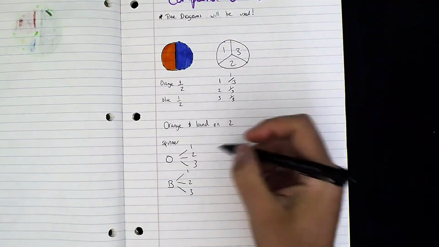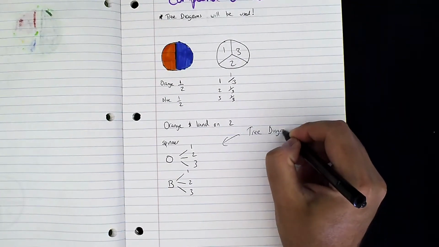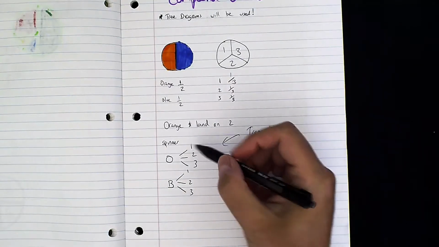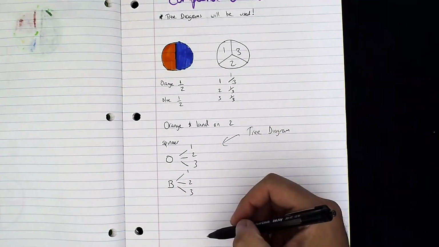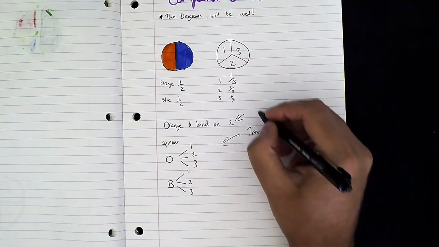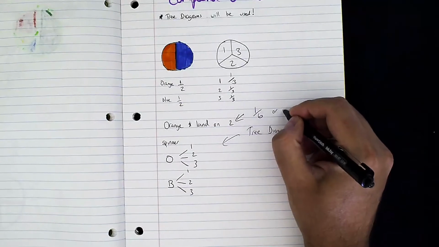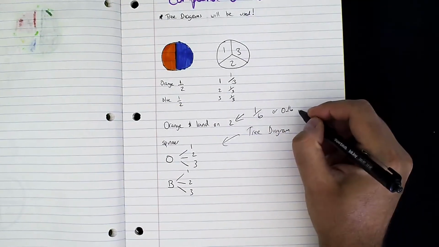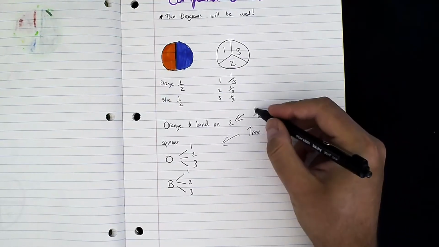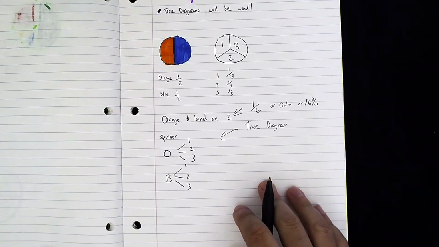So by looking at this tree diagram, which was featured in another video on my page, it tells us that there are 6 possible outcomes. So for this to happen, it's 1 over 6, or 0.16 or 16%. I did that by doing 1 divided by 6. That's in the fractions unit.